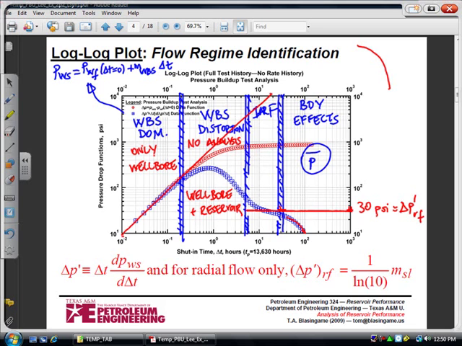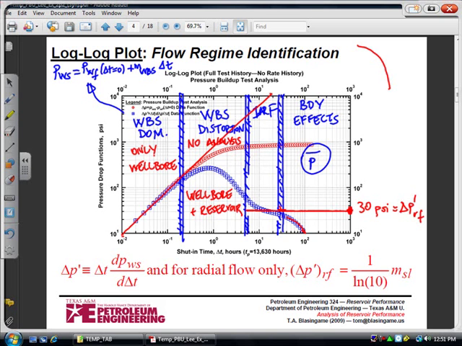It's at the average pressure through that area. No, it's not the average reservoir pressure, it's the constant. It's the horizontal line. It's the pressure value read here. Yeah, 30. But you don't have to find 30 exactly.